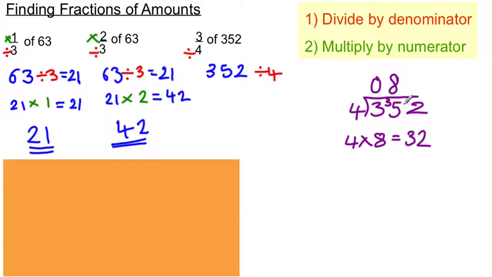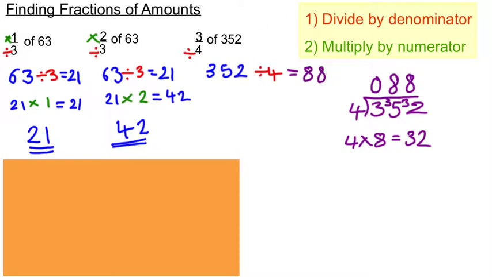So to get from 32 to 35, you have another remainder of 3. 4 goes into 32 8 times. So that means 352 divided by 4 is 88.